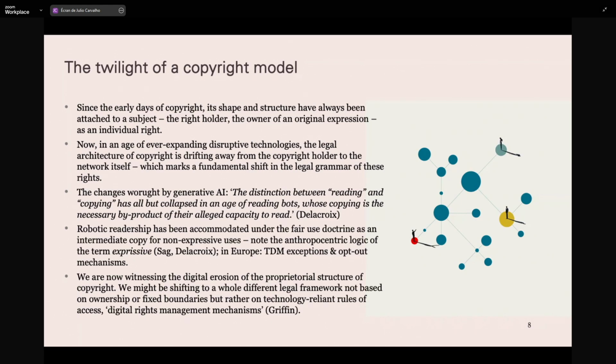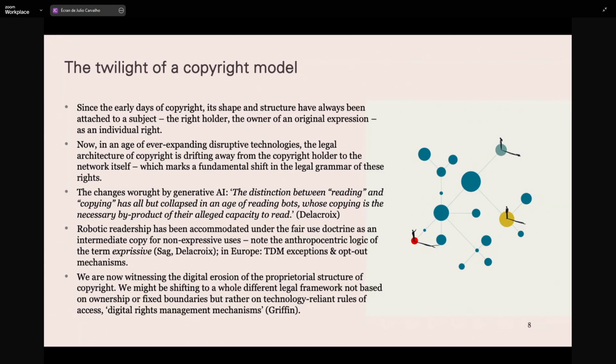These are changes wrought by generative AI, for instance. I'm quoting Sylvie Delacroix: the distinction between reading and copying has all but collapsed in an age of reading bots whose copying is the necessary byproduct of their alleged capacity to read. Robotic readership has been accommodated under the fair use doctrine of an intermediate copy for non-expressive uses.